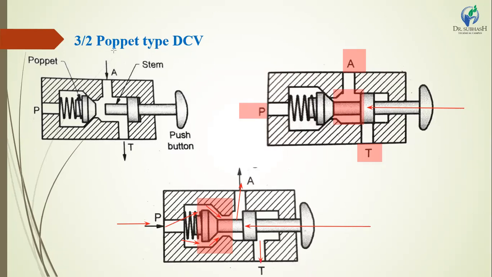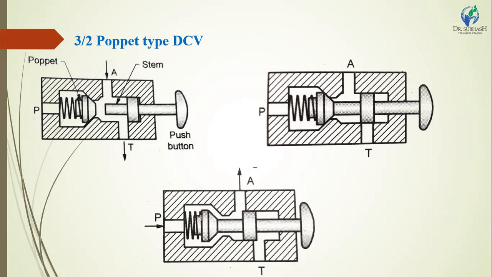This is called a 3 by 2 poppet type DCV, direction control valve. Three positions are shown. In the first figure, the oil passes from the hydraulic circuit to the tank. In the second figure, all ports are closed, means hydraulic oil does not pass from the pump to the hydraulic circuit, or pump to hydraulic tank, or hydraulic circuit to tank.